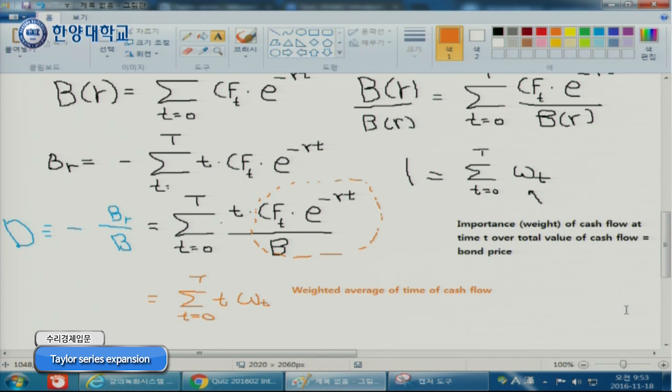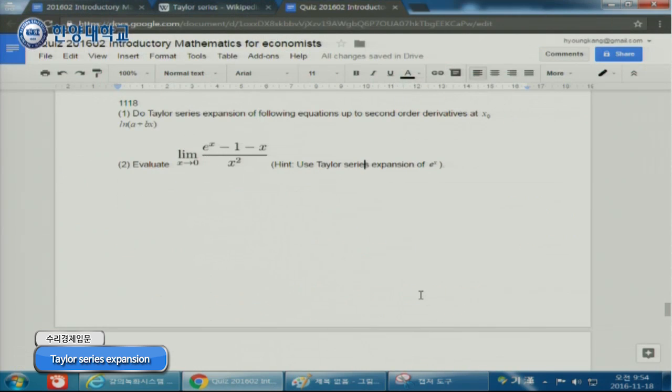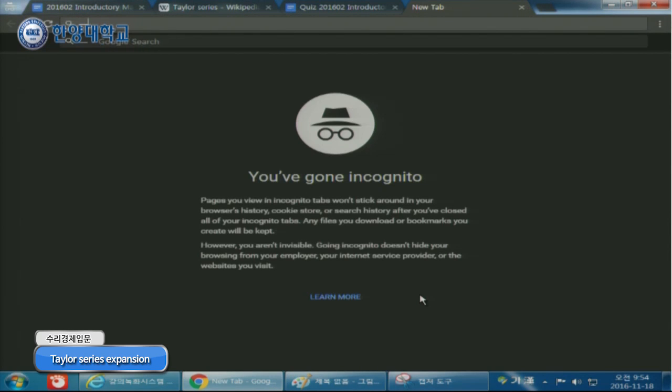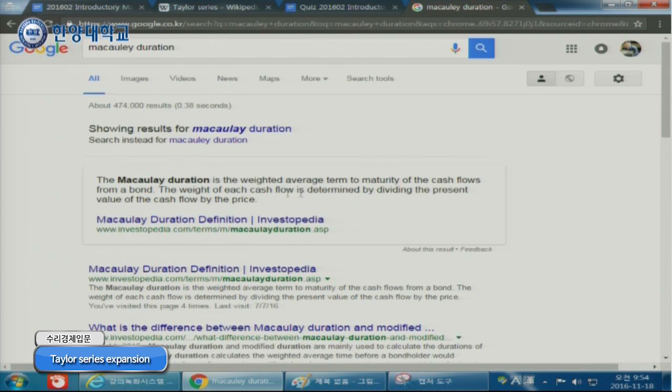So actually this is called Macaulay duration. The weighted average cash flow time is called Macaulay duration.